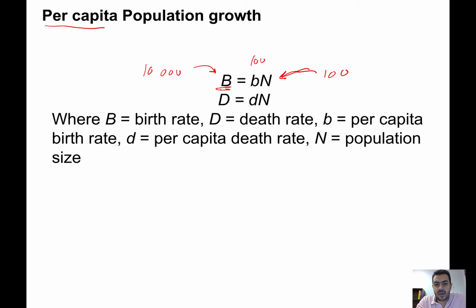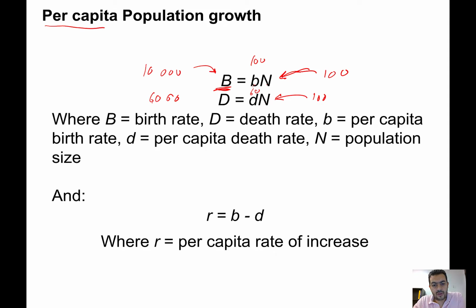So as you can see, the birth rate is equal to the per capita birth rate, the birth rate for each female fish, for each individual, multiplied by the number of individuals in the population, I mean the population size. So 100 multiplied by 100 gives us the 10,000. The same will apply for the death rate. Let's say we have 60 deaths per individual, multiplied by the 100, which is the population size, that will give us the 6,000.